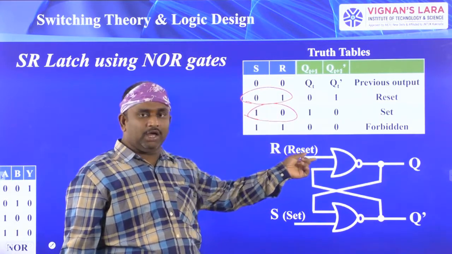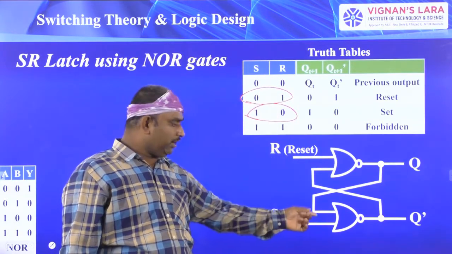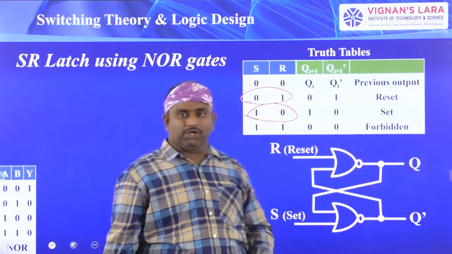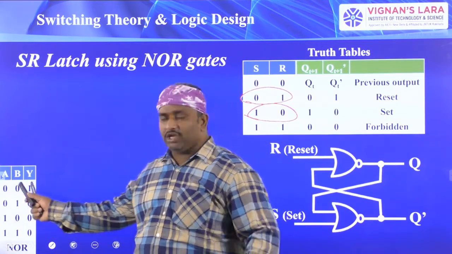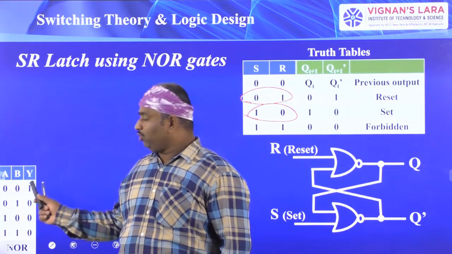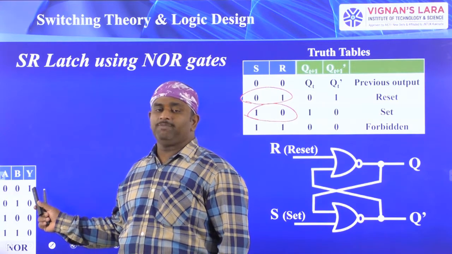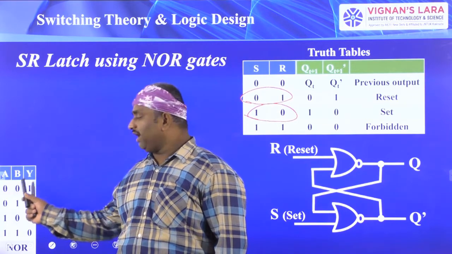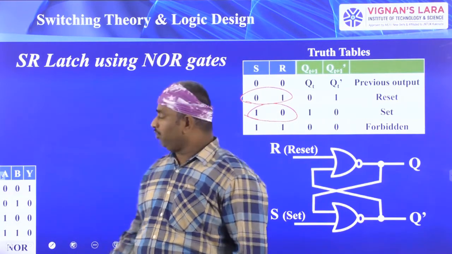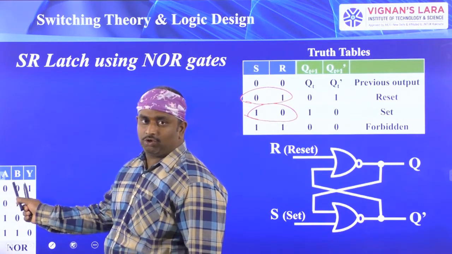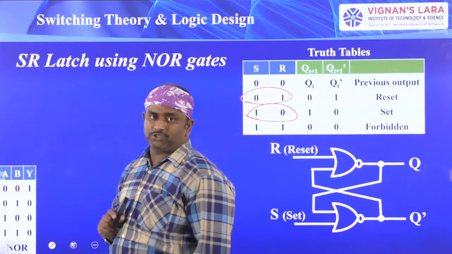So leave that. First take this 0 0. Here you apply for the NOR gate, one of the inputs is 0, and here also one of the NOR gate inputs is equal to 0. Then check the truth table. If one of the inputs is equal to 0, can you decide the output of this NOR gate? No, we cannot decide the output of the NOR gate with the help of only one input. When one input is 0 and the other input is 0, the output is going to 1.